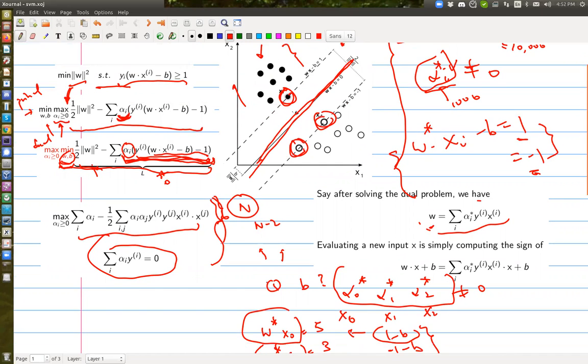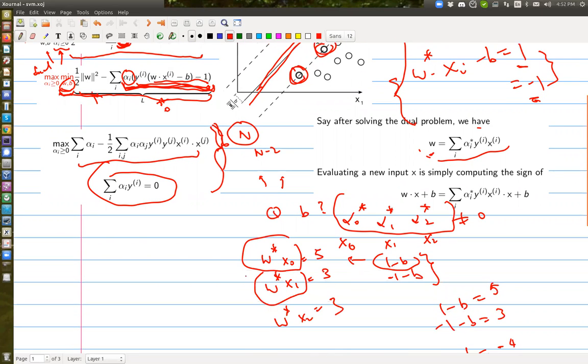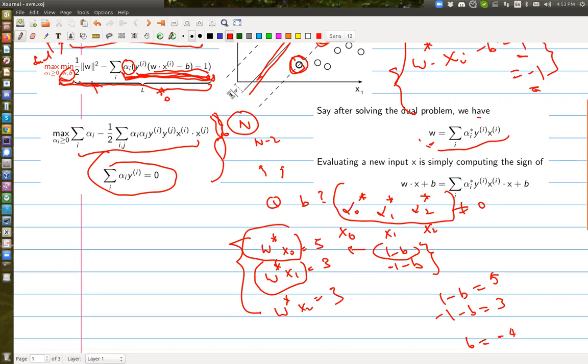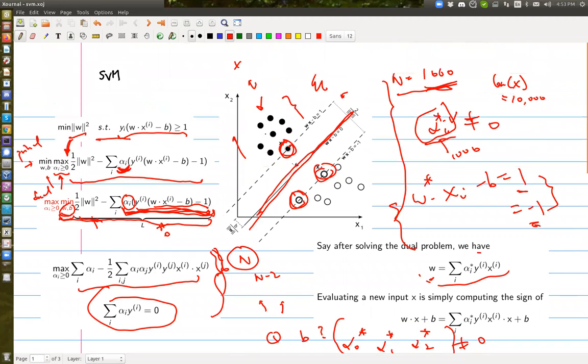So you can identify those support vectors and compute the inner product with the optimal W. It can only take two values because all of them lie either on this line here or on this line here. Remember W is like this projection, right? So it can only take two values. From this you get at least two equations and you can solve for b.